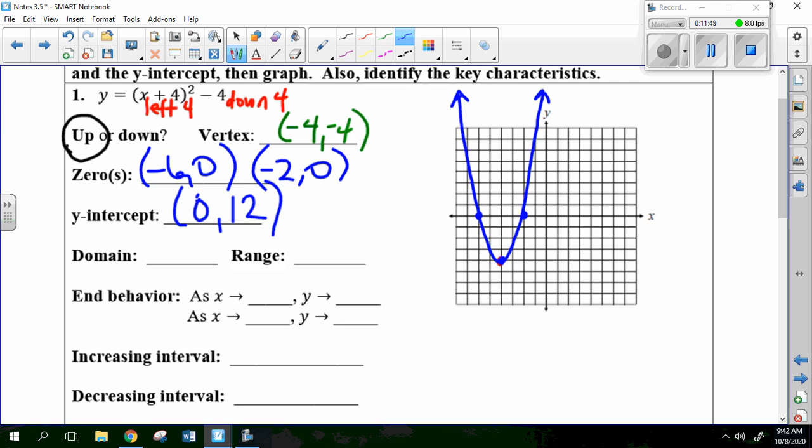Okay, now finding everything else is just like we were doing with the absolute values. Okay? Domain are what values? X's or Y's? X's. So we look at the graph from left to right. So the left side, yes, it's pointing up, but it's also pointing to the left.